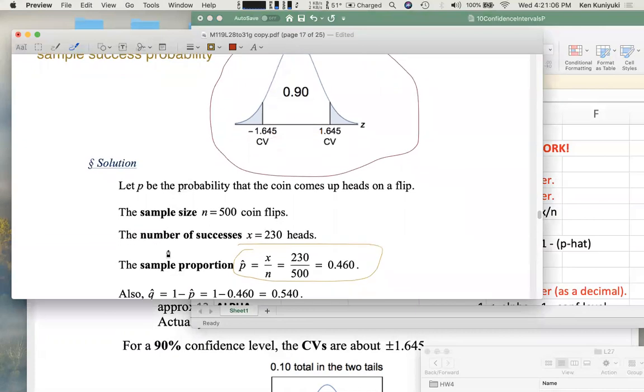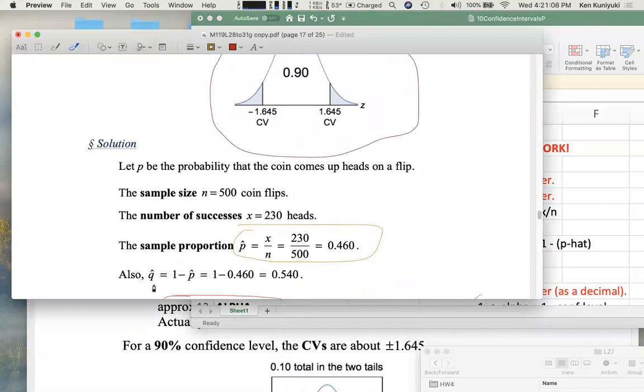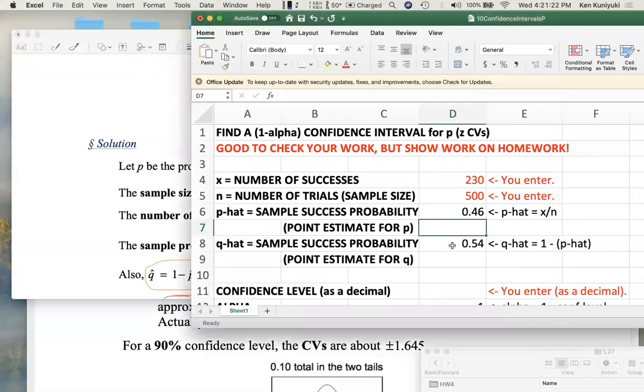And by the way, q-hat, the sample failure proportion or probability, is 1 minus p-hat, the complement. 1 minus 0.460 is 0.540. So if we got 46% heads in our sample, we got 54% tails in our sample. Okay, and that's verified in our Excel spreadsheet. I put here that the q-hat is going to be 1 minus cell D6. It's the complement. So once you enter these in, these then become automatic in black.